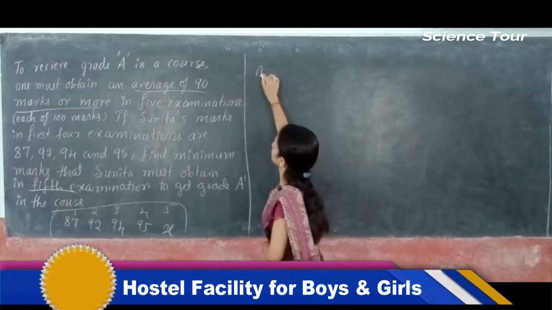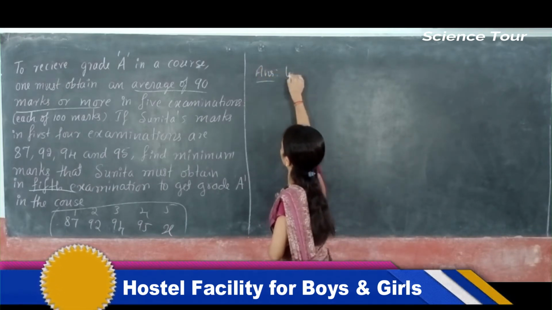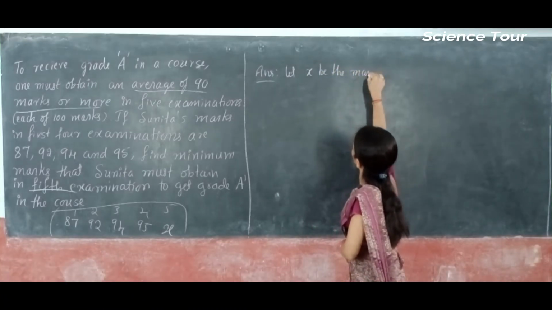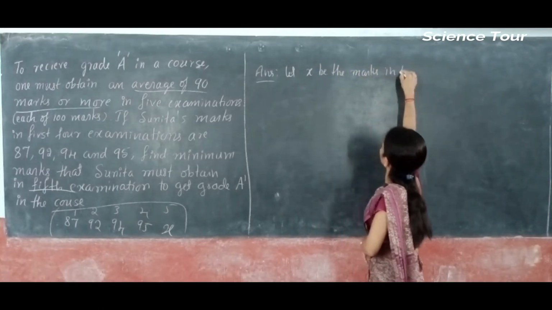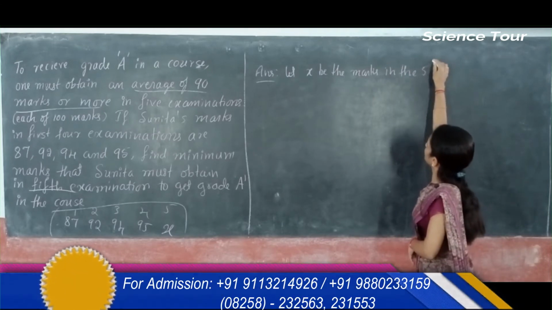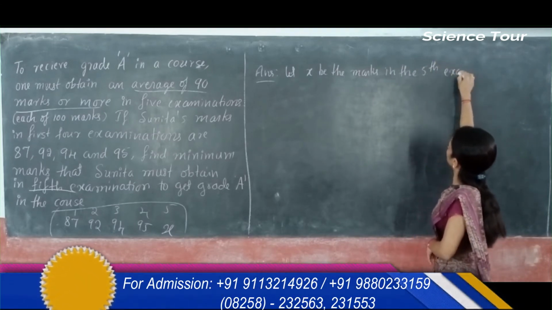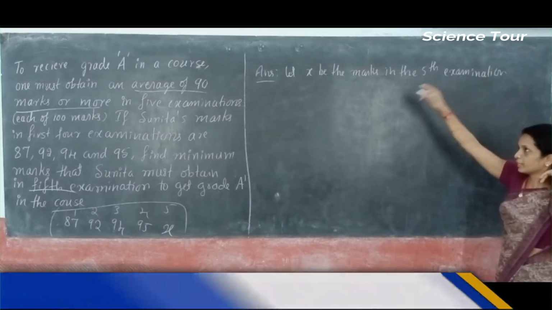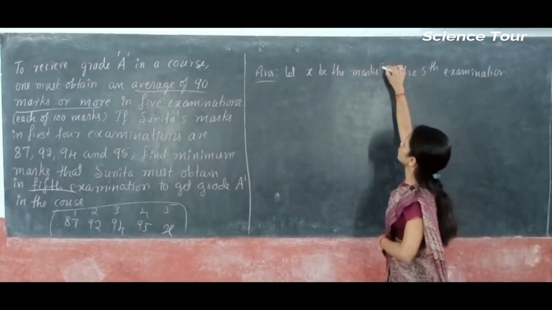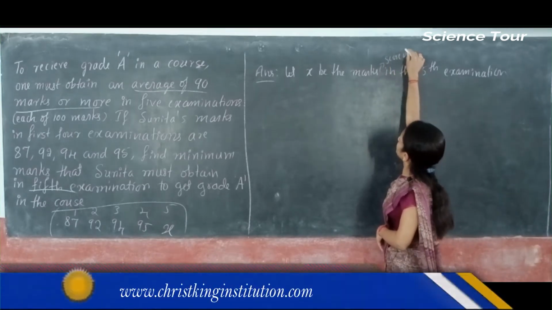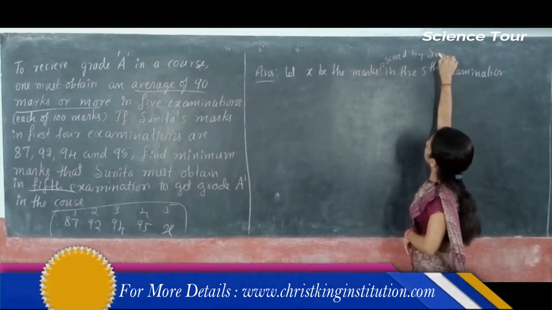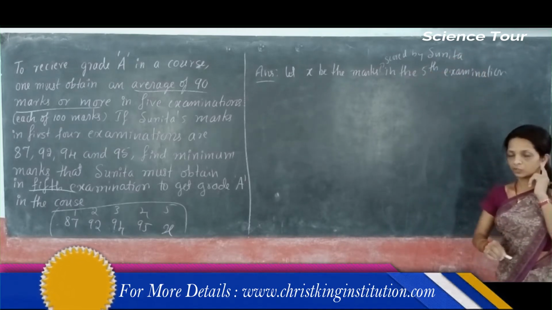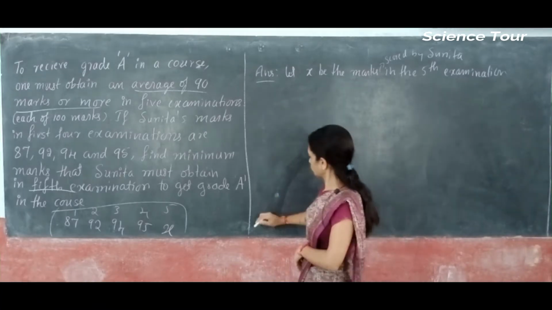In the answer part, we write: let x be the marks scored by Sunita in the fifth examination. Okay, and how to find x?